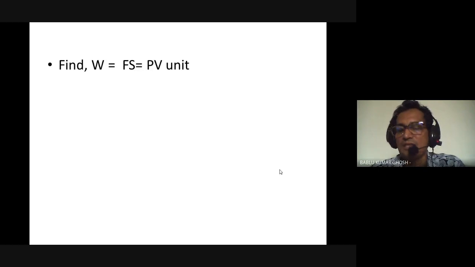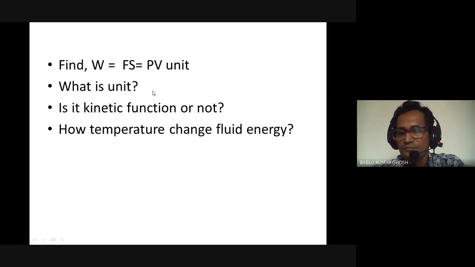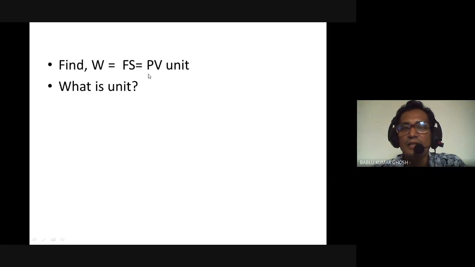M is mass, kg. A is acceleration, meter per second square. So it is kg meter per second square. Then again there is a length. So kg meter square second square.